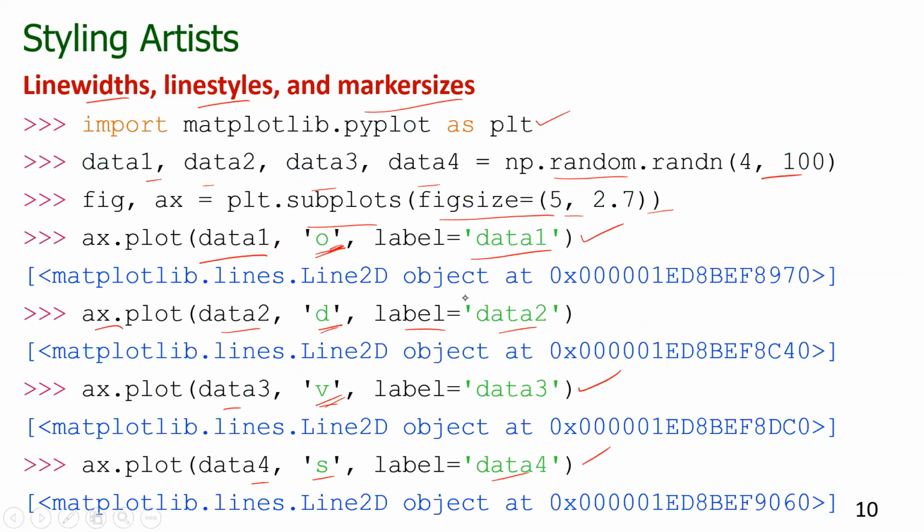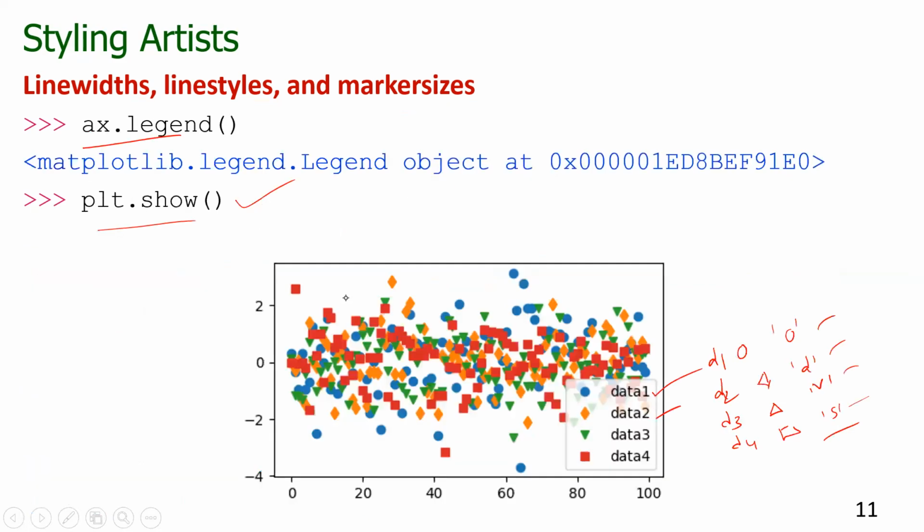By default it discriminates by taking different colors. Oval is blue, diamond is orange, triangle is green, square is red. They are filled with the system defined colors.